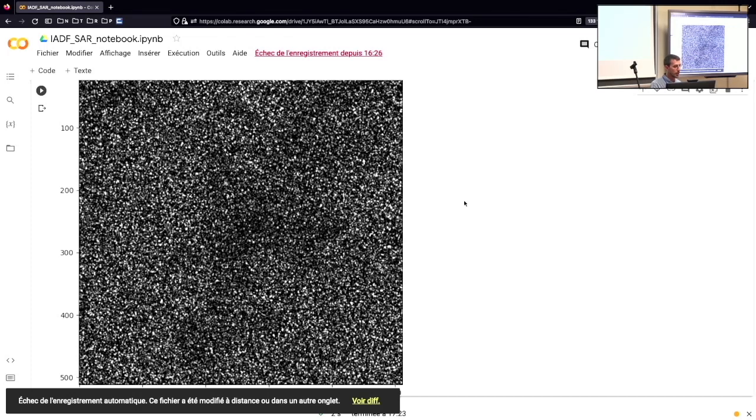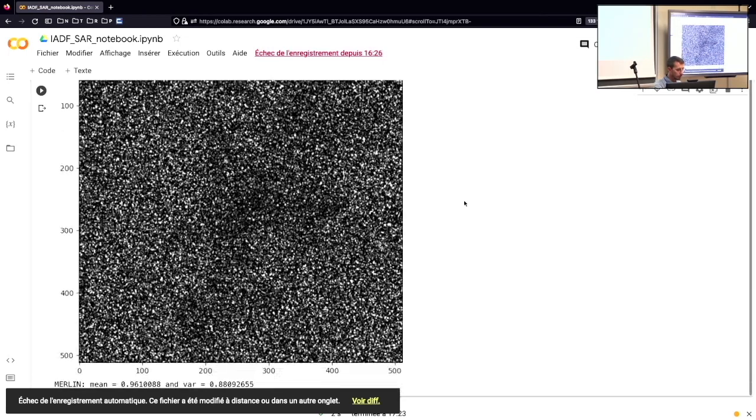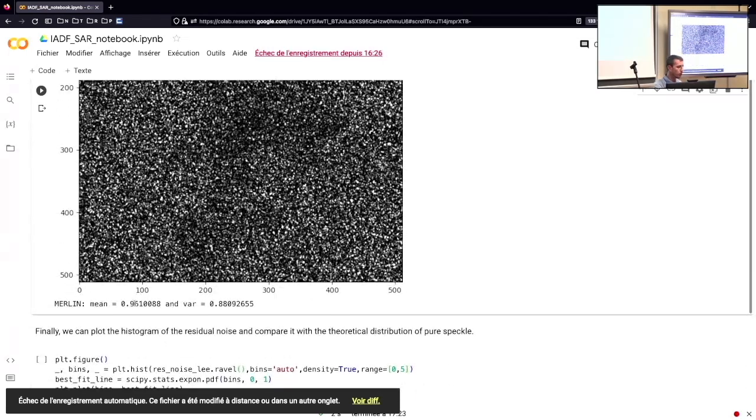And you don't want to have a biased estimation of your reflectivity. You want to be as close as possible to the underlying physical scene. So we have quite good results with Merlin, because we are really close to 1 for the mean and really close to 1 for the variance as well.